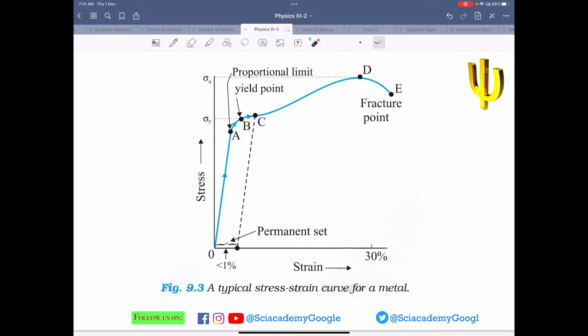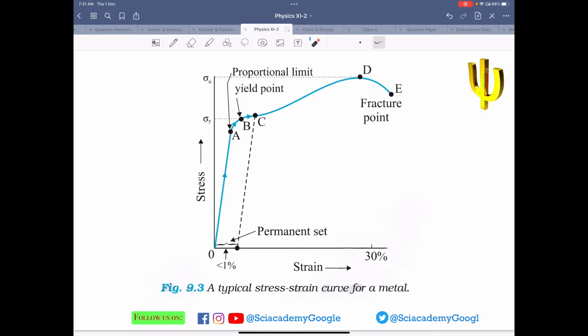And as we increase the stress beyond this point, the linearity, the proportionality is not being followed, and this stress strain curve varies from material to material.